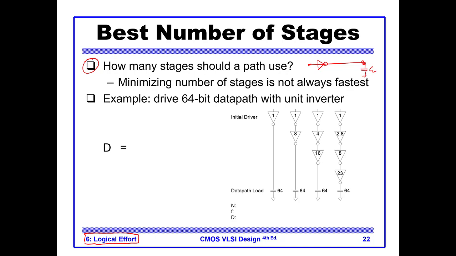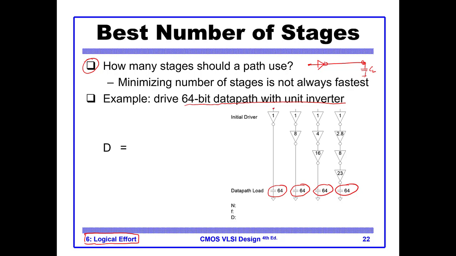The example is to drive a 64-bit data path with a unit inverter. So you have 64C capacitance as a load, and you want to drive this with stages.